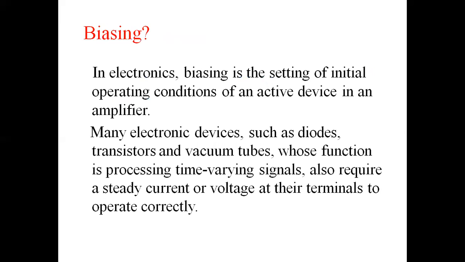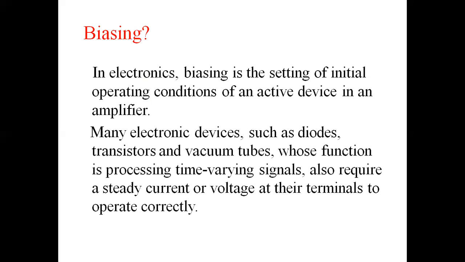Next, let me tell what is biasing. Before going to biasing techniques and stabilization techniques, first let me tell what is biasing. In electronics, biasing is the setting of initial operating conditions of an active device in an amplifier.